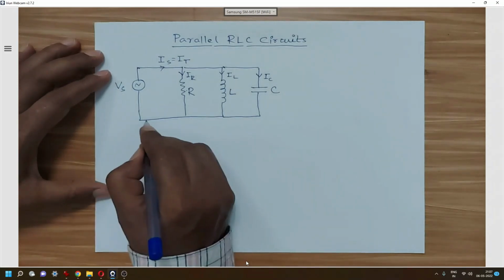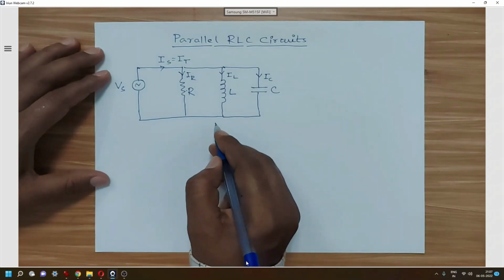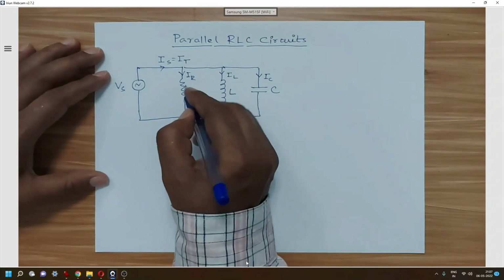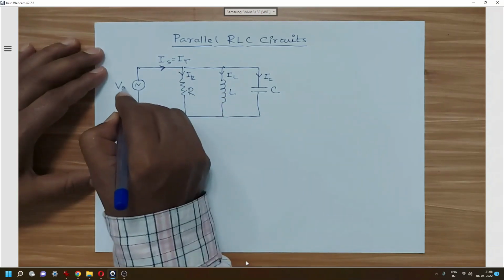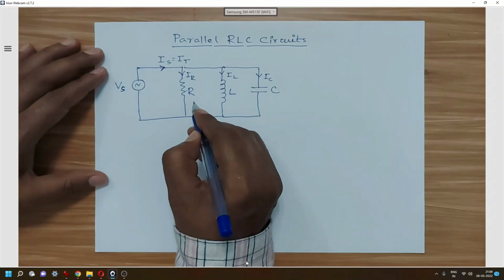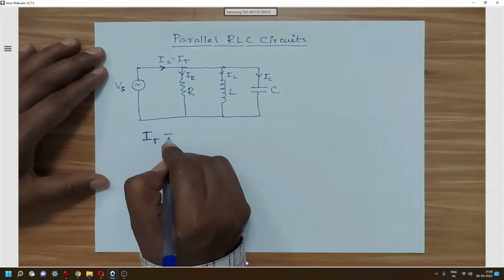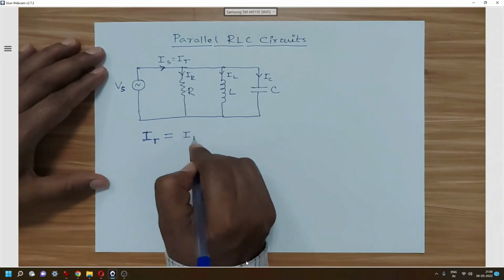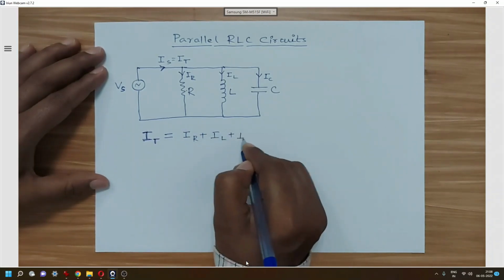Now, if we have this parallel RLC circuit, we understood that current produced by Vs will be divided in three different branches. The current IT is equal to IR plus IL plus IC.